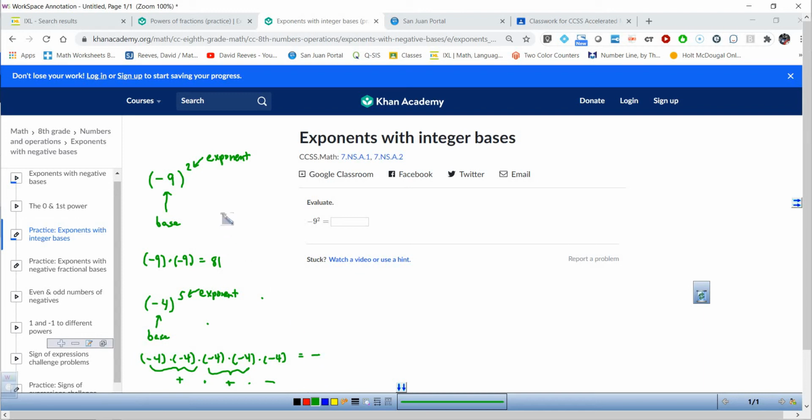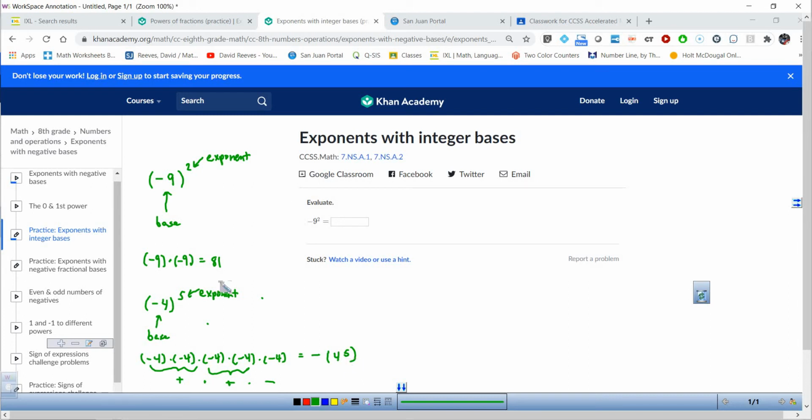So remember, if you have an even number of negatives being multiplied, you will get a positive. If you have an odd number of negatives multiplied, you get a negative. And then that would turn out to be a negative of 4 to the 5th power, which I don't have my calculator out right now, but we would find out what 4 to the 5th power is.